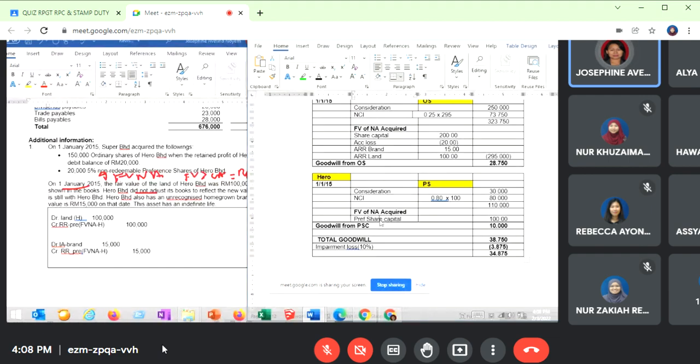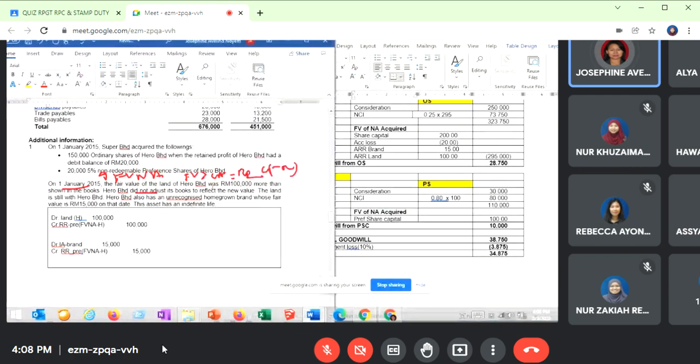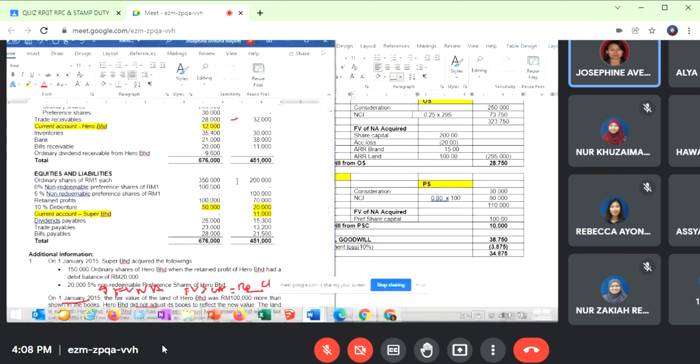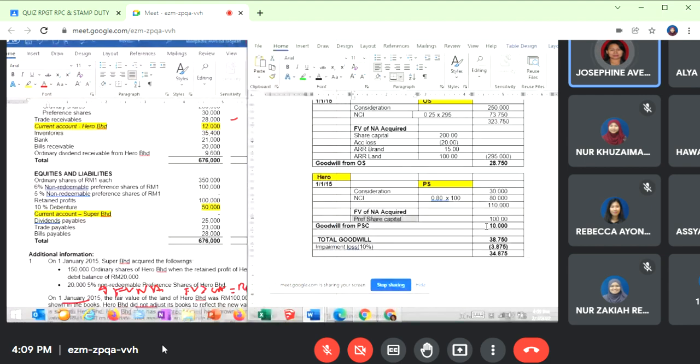So for preference share, for debenture, it's only based on its nominal value. Okay, and nominal value of preference share is here, 100, for the subsidiary. So we have a goodwill, because your A here is more than the B. There is a goodwill from preference share capital.